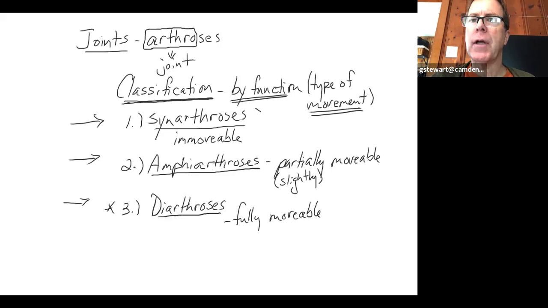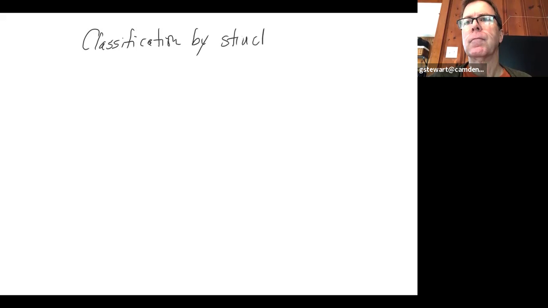All of those structural classifications will fall into one of these three classifications by movement, all right? Structure means just what are they made of? What type of tissue are they made of?